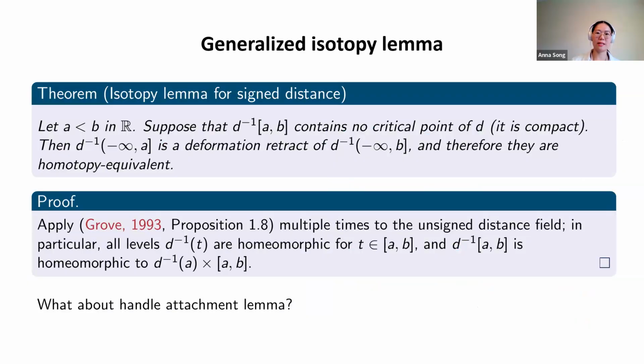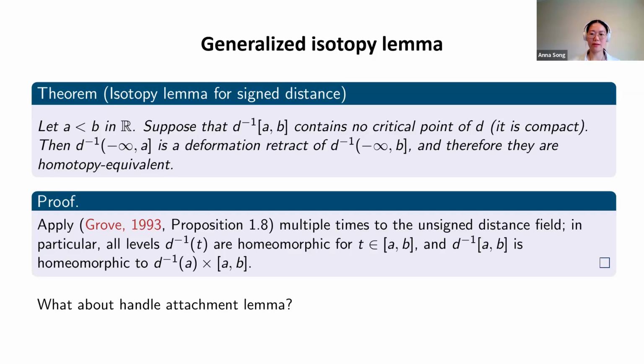So the first good news is that, yes, the isotopy lemma can be generalized to signed distance. The reason is that for us, it was quite a straightforward extension of a pre-existing result, because Grove and Shiohama precisely define the notion of critical points in the Riemannian setting precisely to make the isotopy lemma work. The idea is that they proved that you can find a gradient-like vector field that always points strictly in the right direction.